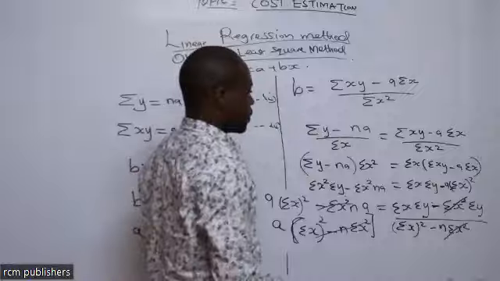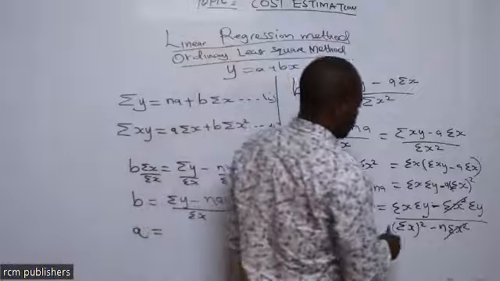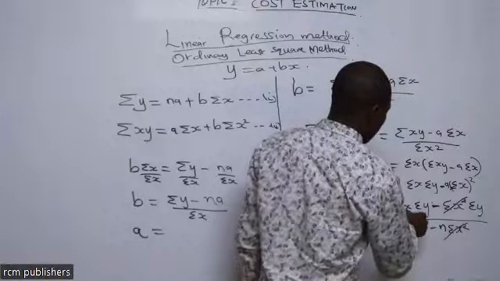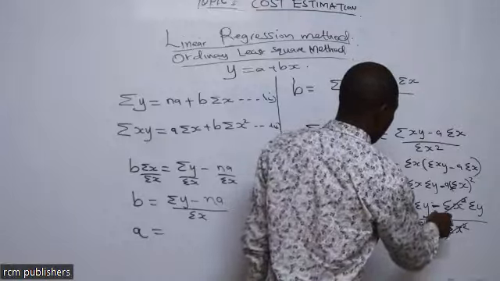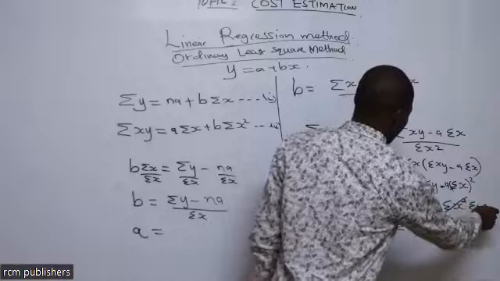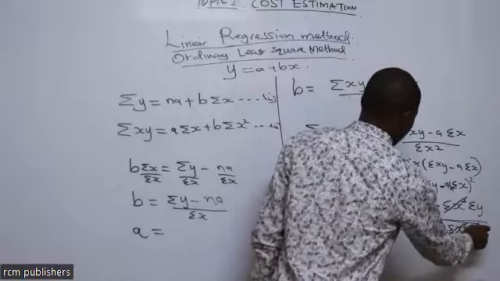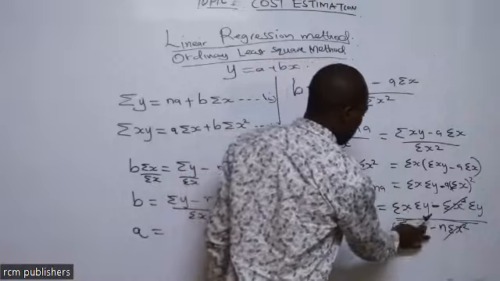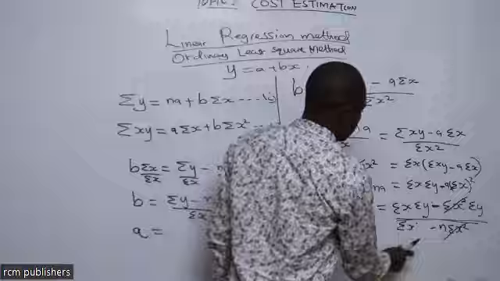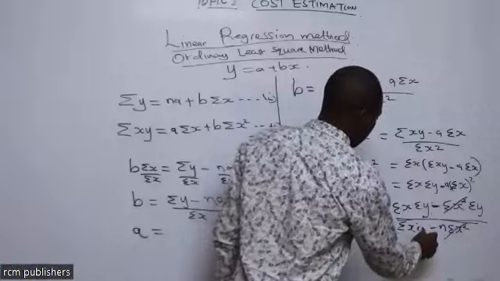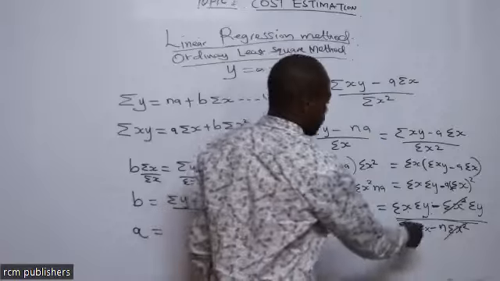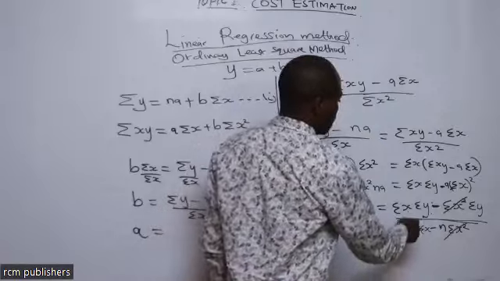And then we have summation of x, summation of y, minus summation of y. Then we divide by summation of x squared. What is this? It is summation of x and then summation of x. So this one here eliminates this.